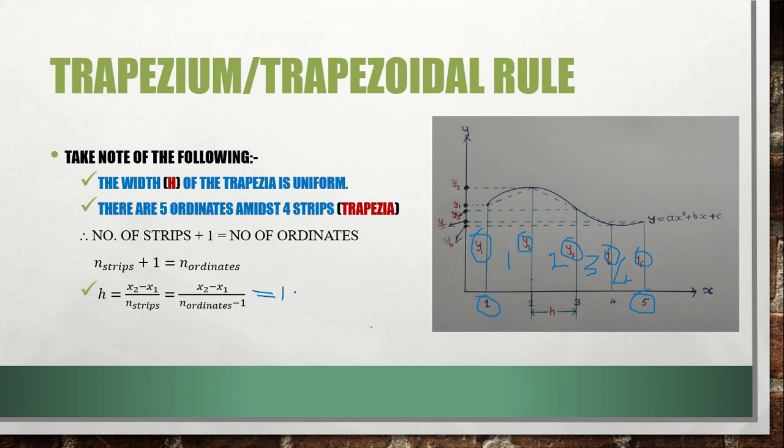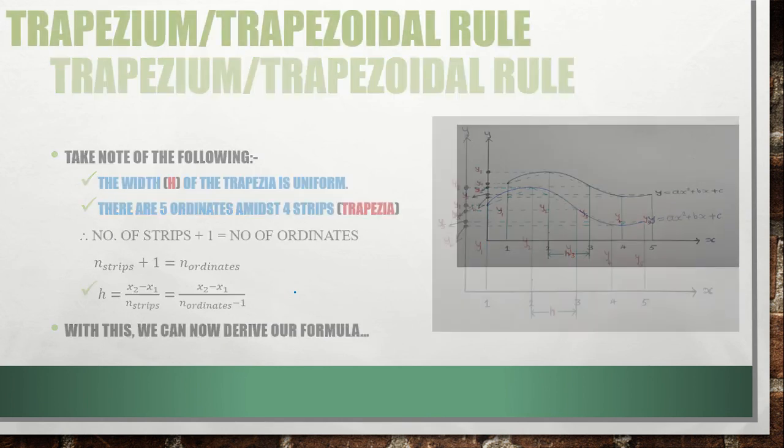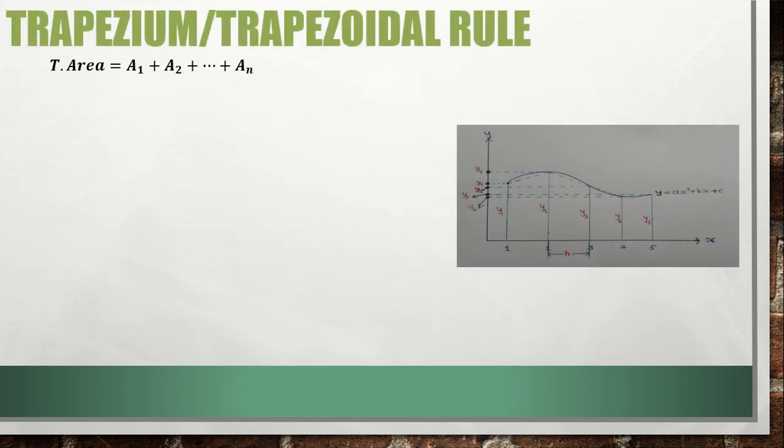Now with this data that we have, we can go forth and derive the formula. Let's begin working out. We know that the total area by using the trapezoidal rule, because you're using trapezia, will be the summation of the area of each trapezium separately, and you sum them up into this formula to get the total area.